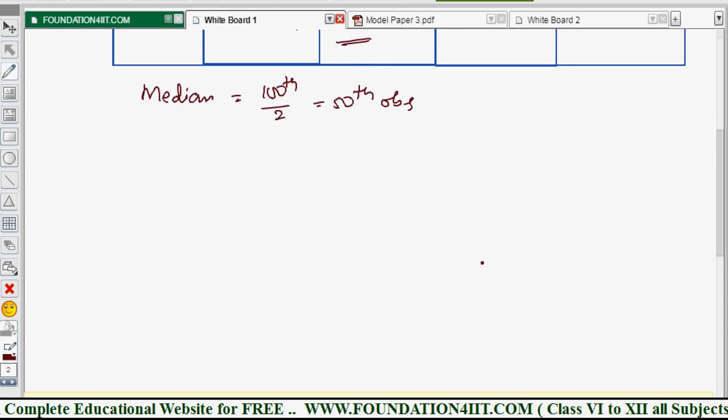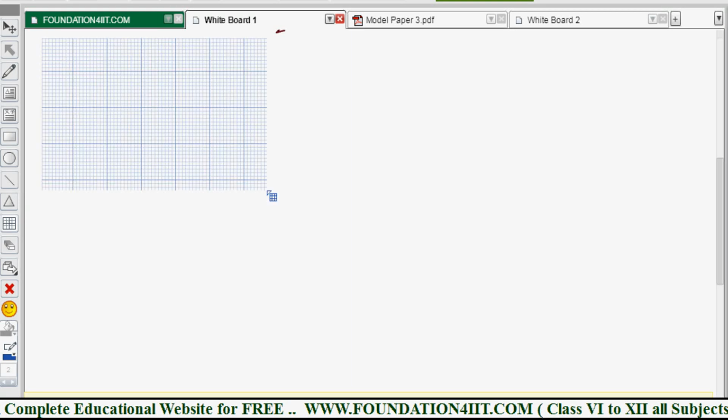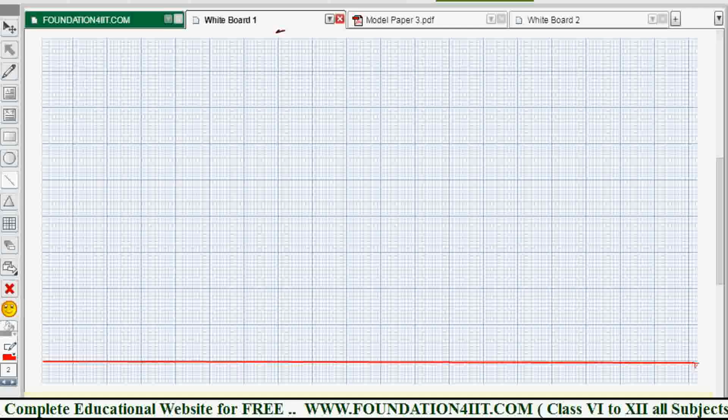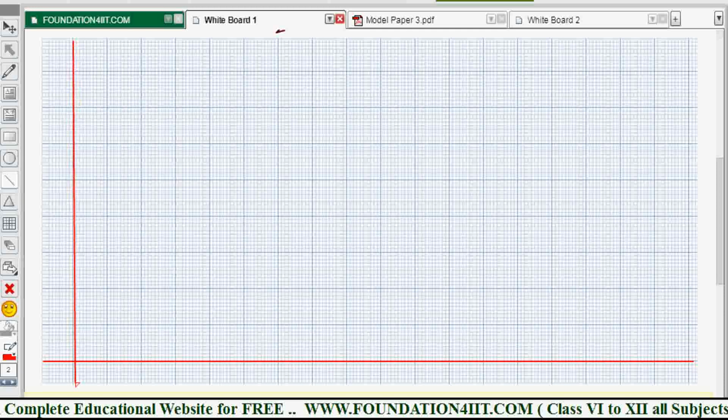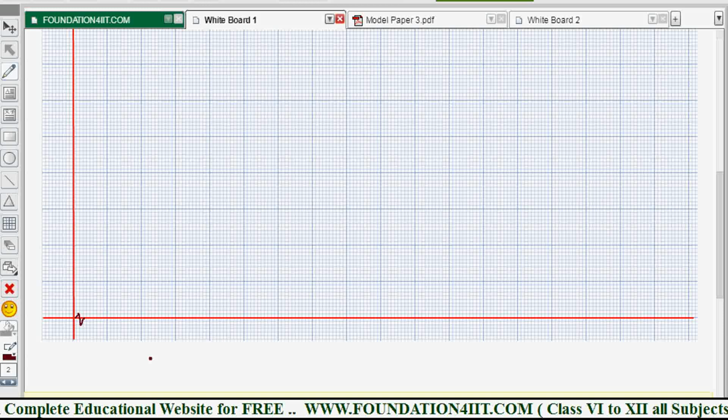Then let us take the graph for this data. Take the x-axis and y-axis. X-axis is this, and y-axis. So starting it's not from 0, so you can use this kink symbol, and starting you can take 120.5.